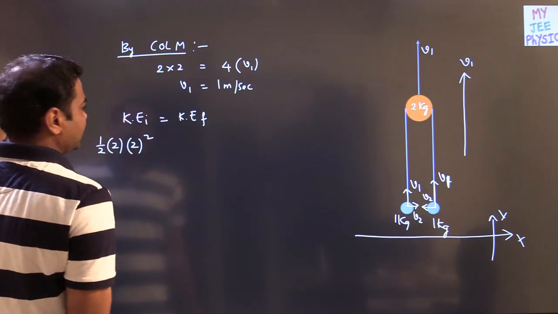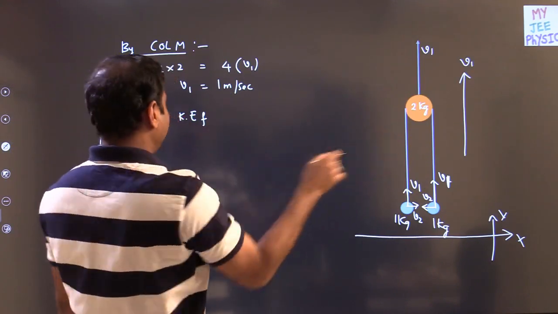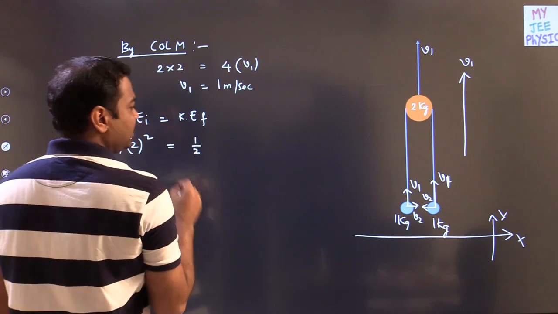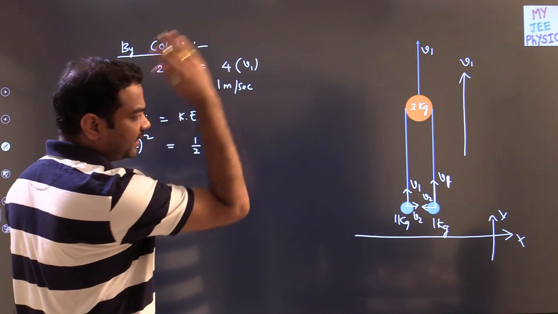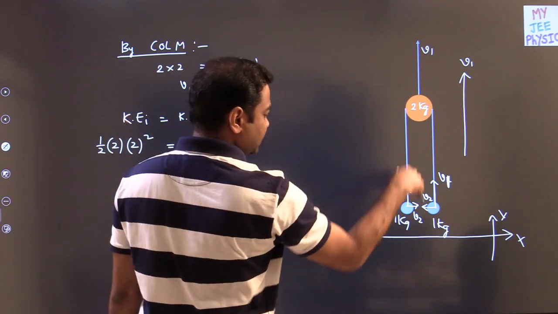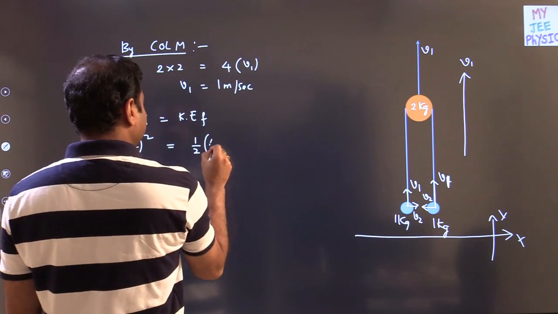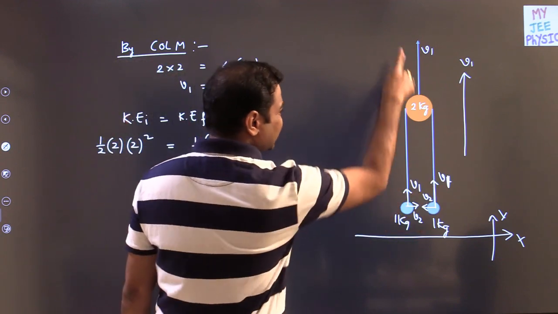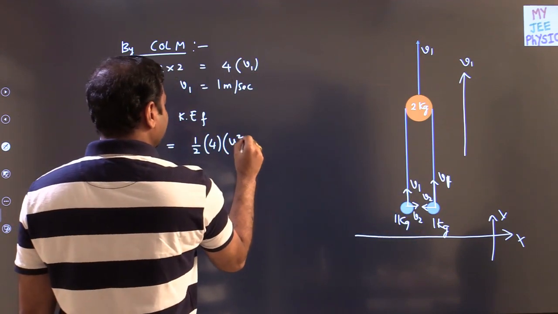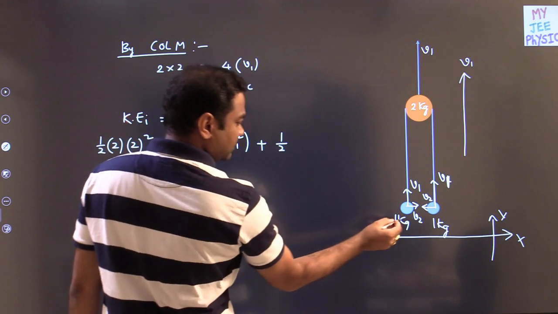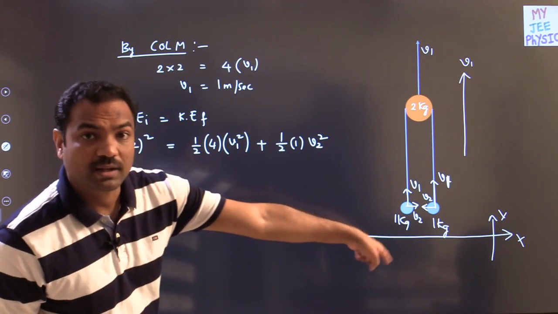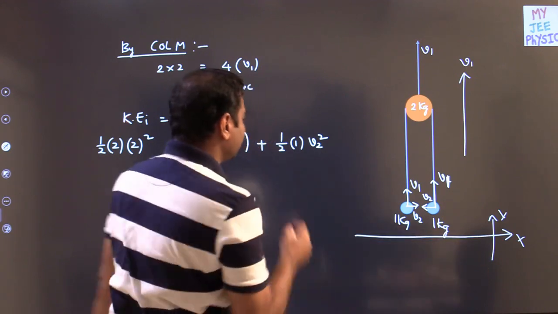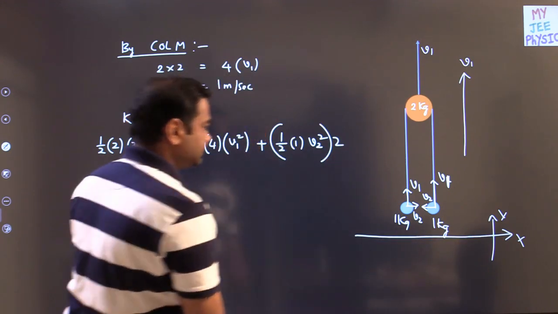Okay, so remaining things here we are having the expressions. I can write down half into, now directly I am writing the kinetic energy along the y axis. The component along the y I am taking, which is 2 kg, 1 kg and 1 kg. So total mass is 4 kg, into velocity it is having the v1, so v1 square, plus half into mass is 1 kg. Velocity along the x axis I am taking as v2, but 2 particles are there, into 2.